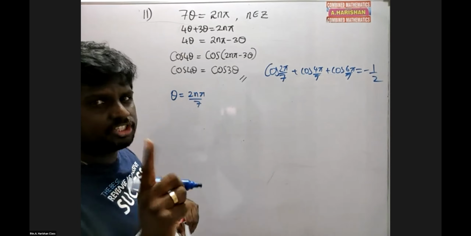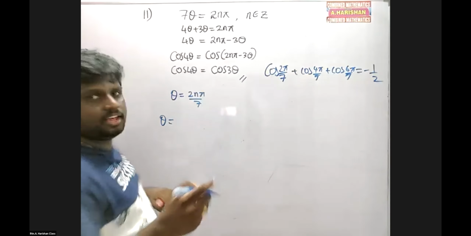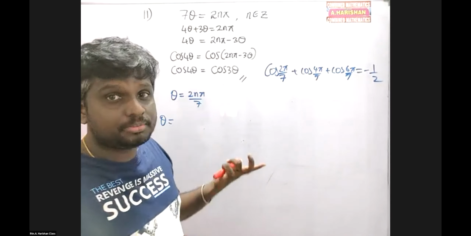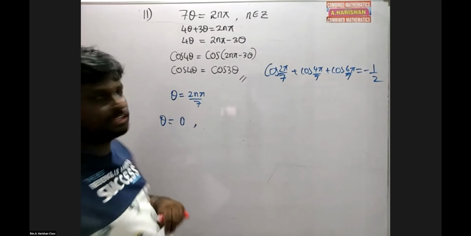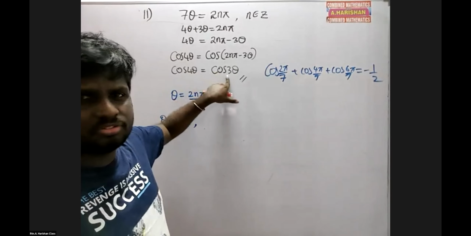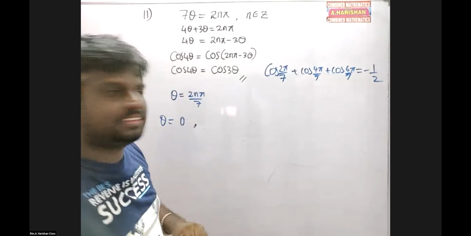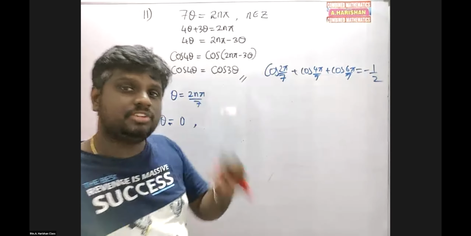The first solution, by putting n equals 0, theta equals 0. Is it possible? Yes, put it there. Cos 0 is 1, cos 0 again 1. Yes, correct. So theta equals 0 can be one solution.